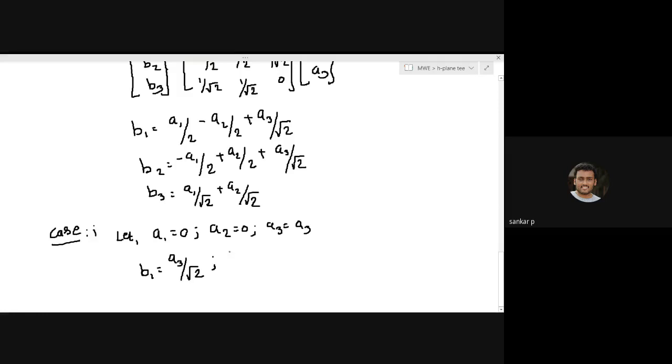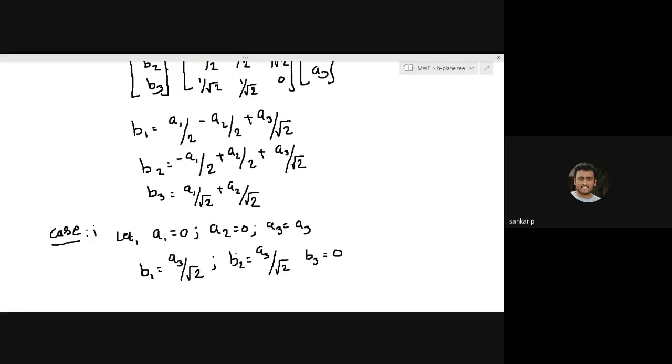Then B2 is again A3 by root 2. Proved. B3 is equal to 0. Means the energy I am giving to A3 is equally dividing to port 1 and port 2. You just go through it.